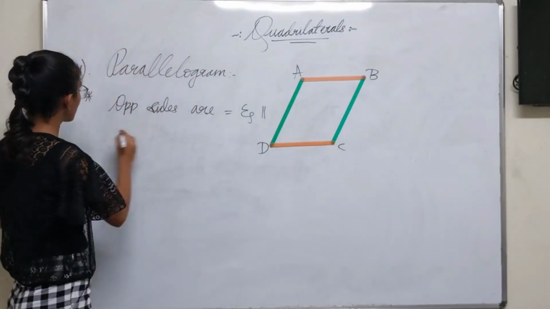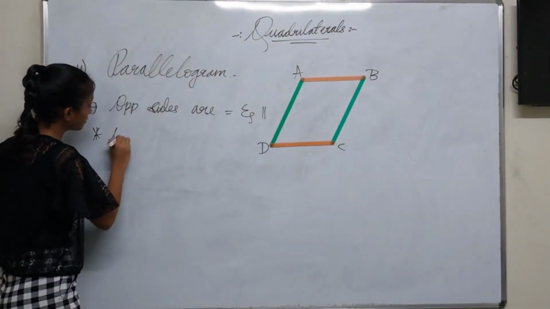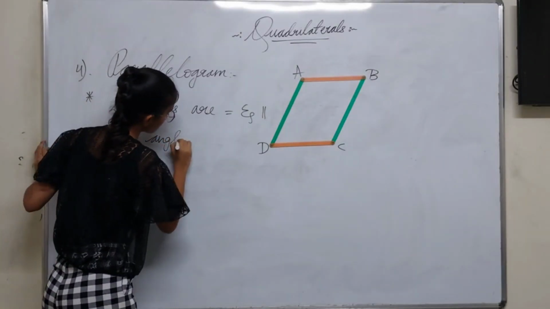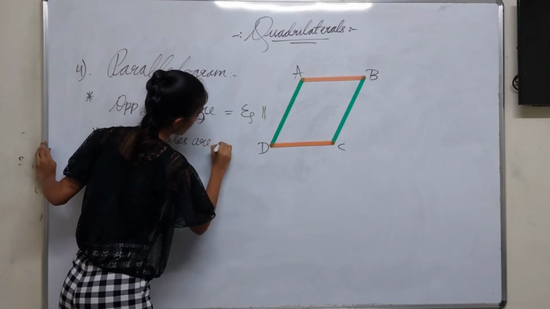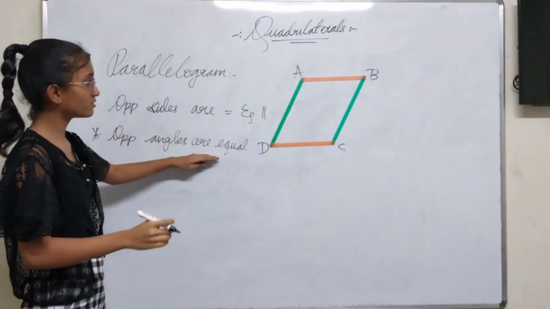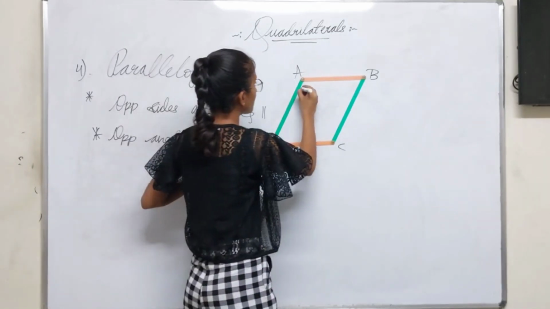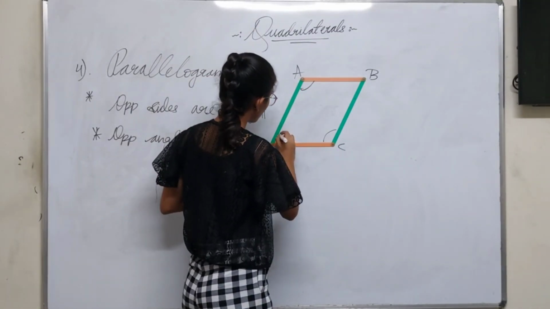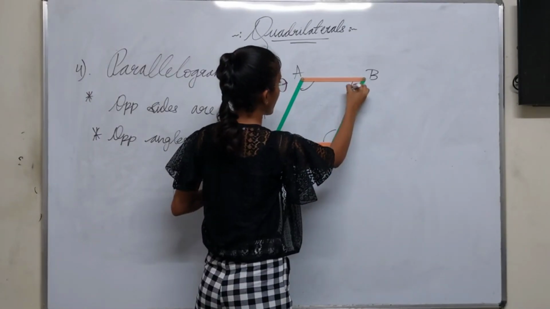In a parallelogram opposite angles will also be equal, which means angle A will be equal to angle C and angle D will be equal to angle B.